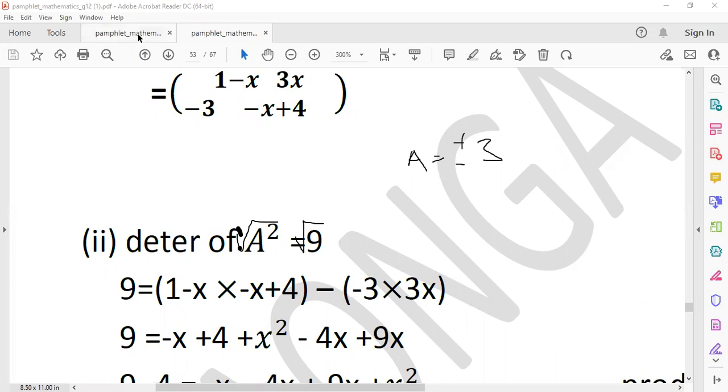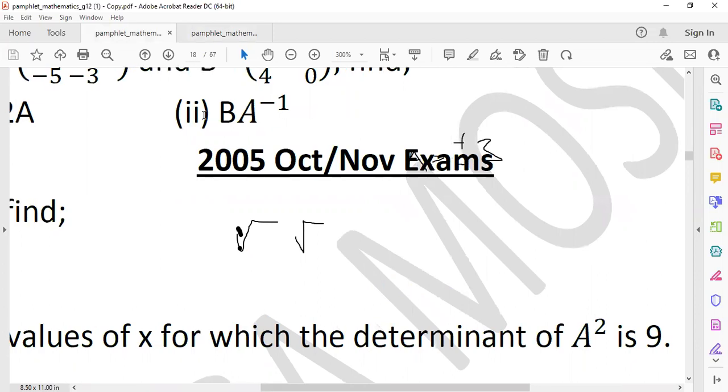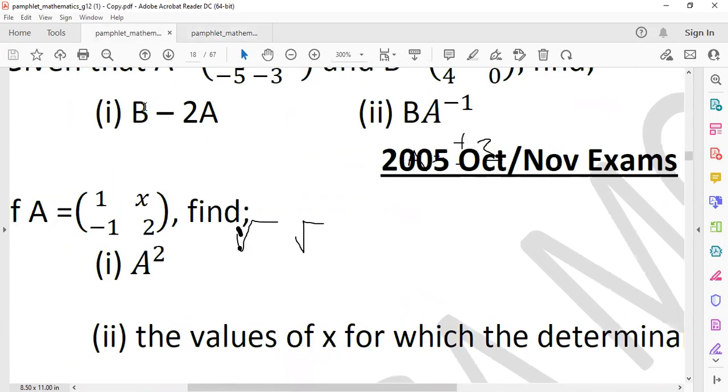So let's go back to the question. A is 1, 2, negative 1, x. Let's find an expression for the determinant of a, not a squared, but just a.